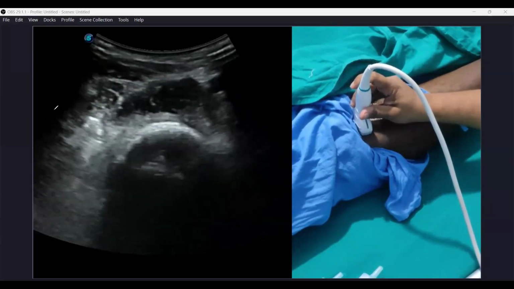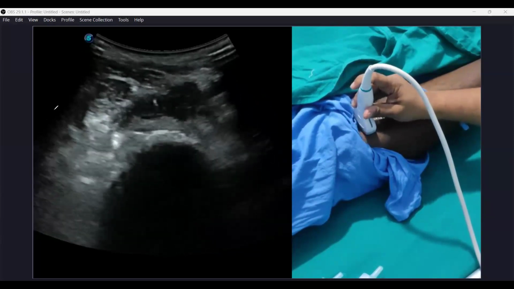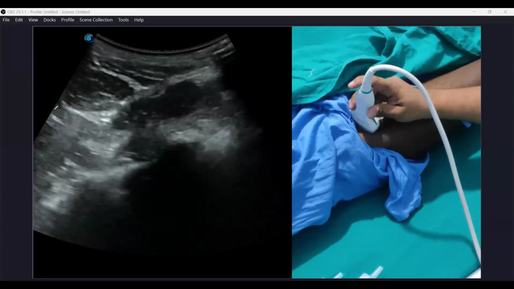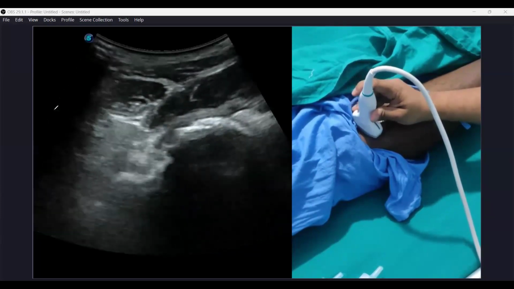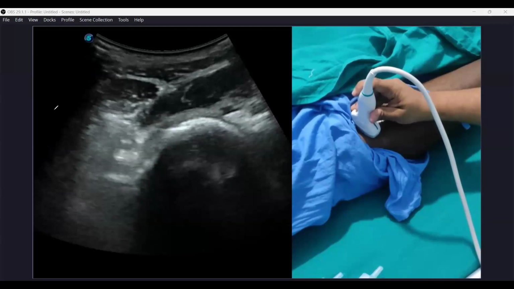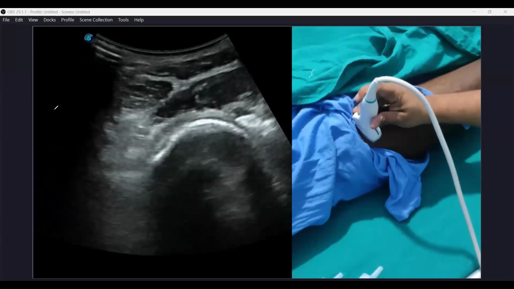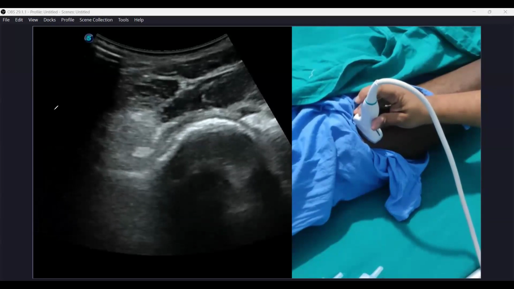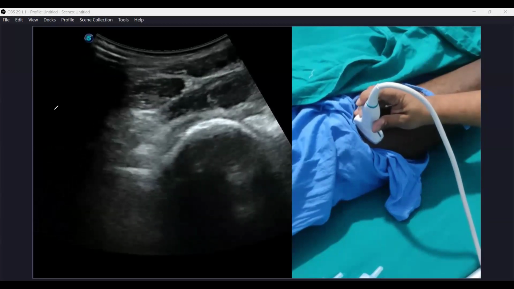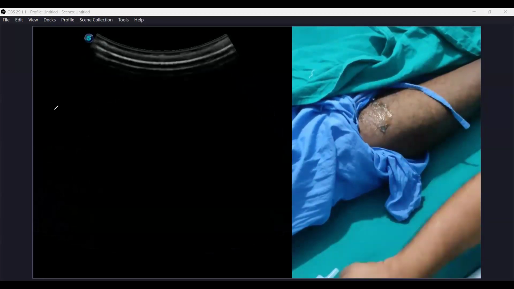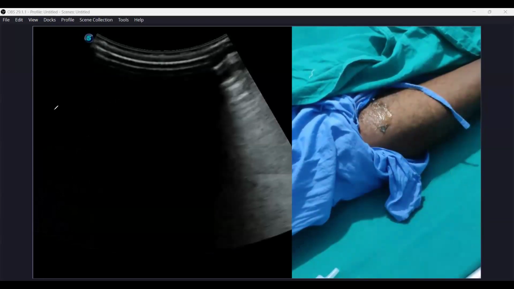So once I have reached the head, my next job is to lower down the lateral portion so that I can see the neck of the femur. I need a little more gel here because the lateral portion is losing contact.